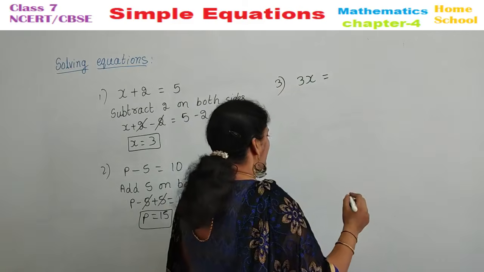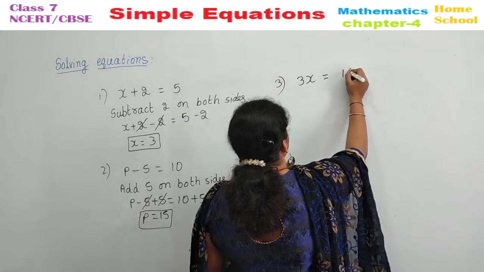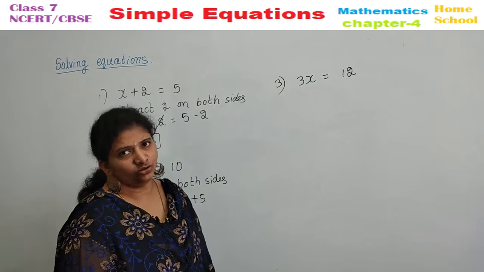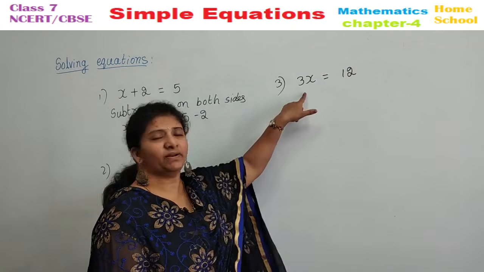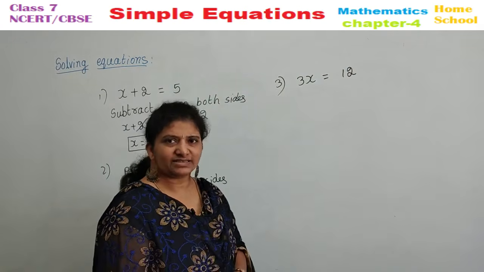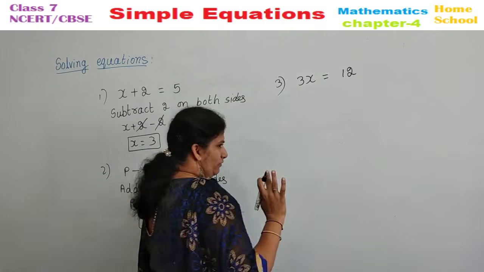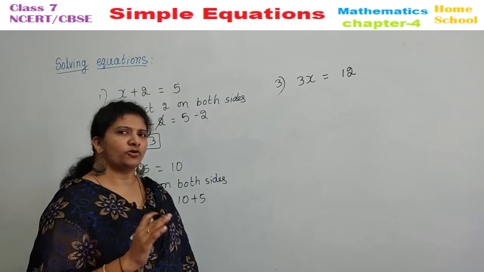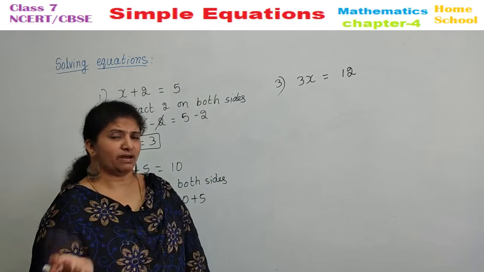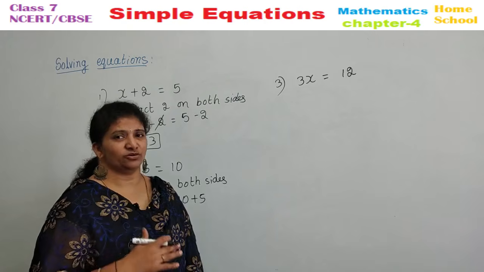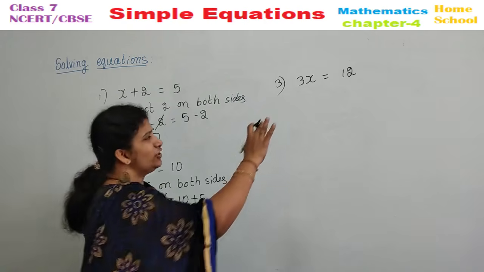3x is equal to 12. Here multiplication is there. Let's divide now. One thing you remember, children: opposite of plus is minus, opposite of minus is plus, opposite of multiplication is division, opposite of division is multiplication.